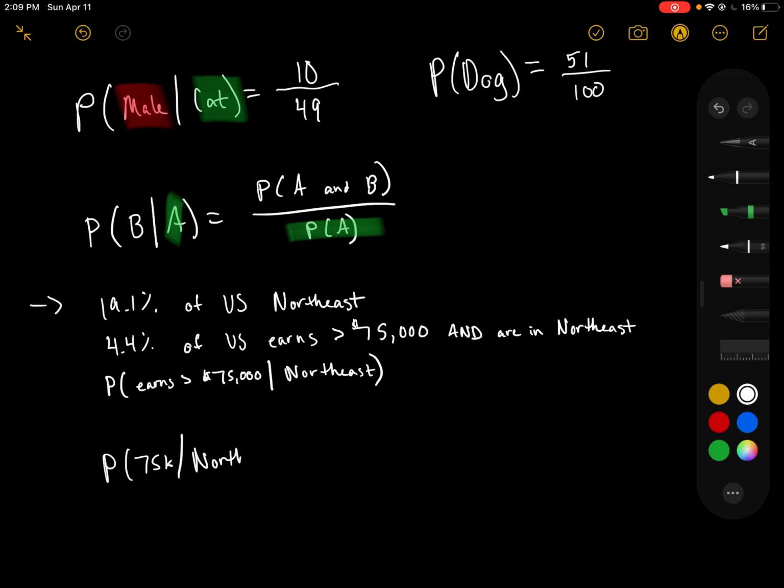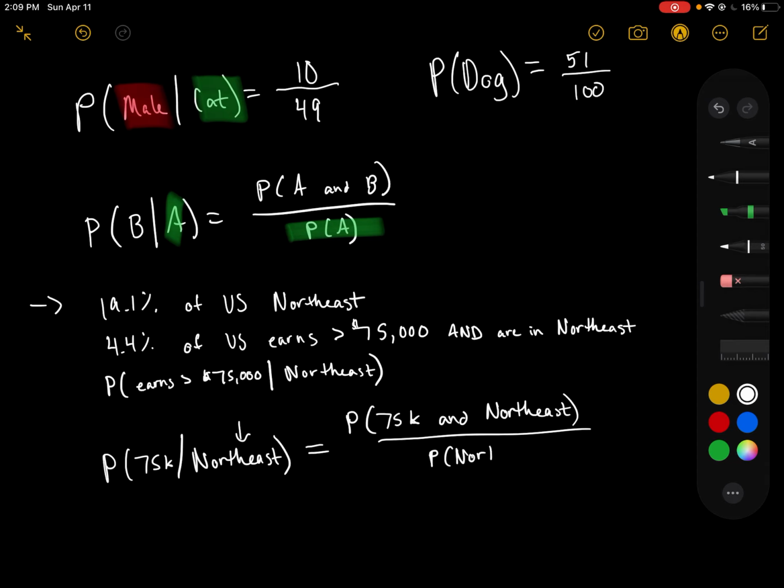So that would be the format, and this is the data that we're given. It's our job to set this up. So probability of 75K given Northeast equals the probability of both of these happening, so 75K and you live in the Northeast, over just the probability that you live in the Northeast.